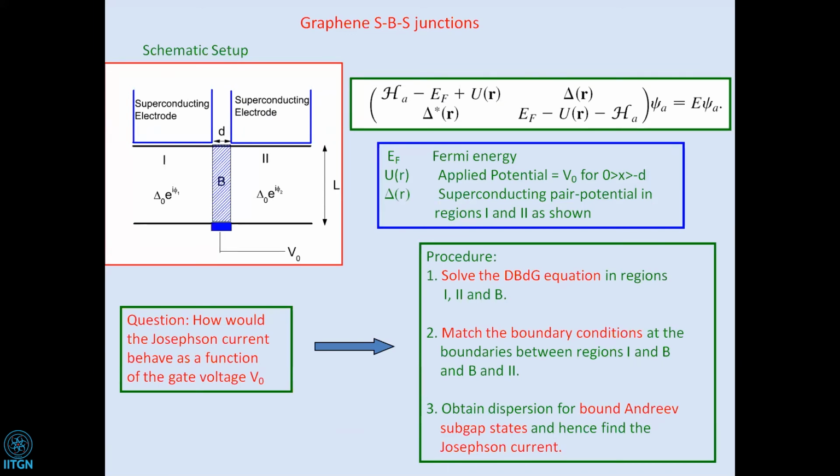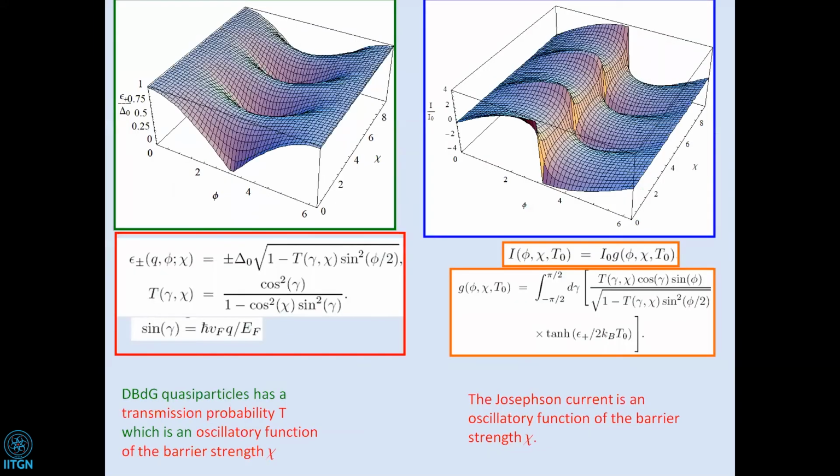And again, when we do this for graphene, because the transmission becomes an oscillatory function of the barrier strength, this also becomes an oscillatory function of the barrier strength. Typically, the Josephson current in this kind of junction will also have this property.